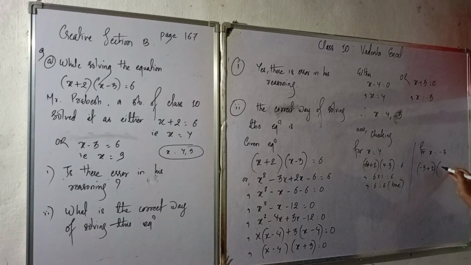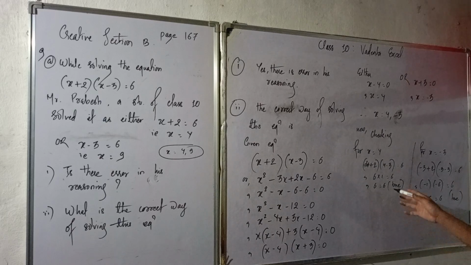And also minus 3 plus 2 is minus 1, multiplied by minus 6 equals minus 1 times minus 6 becomes plus 6, which is also true.